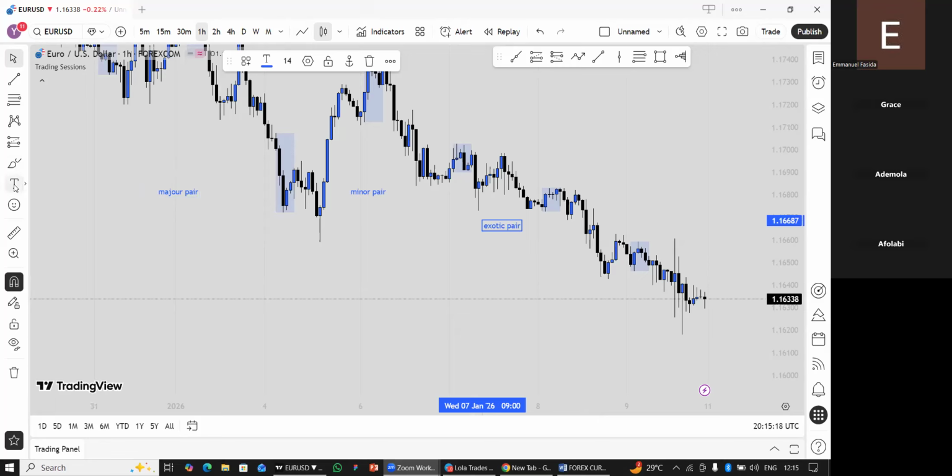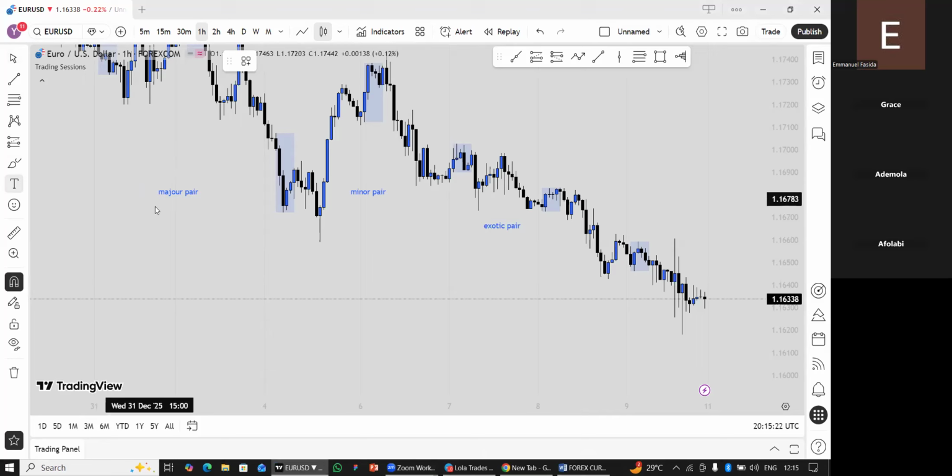For example, we have Euro USD, Euro crossing with the US dollar. Give me an example of a country's money.